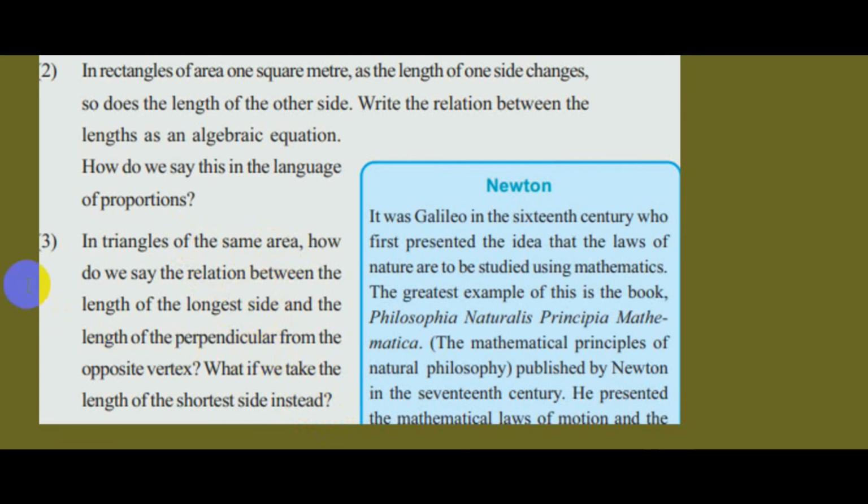Okay, here I have drawn two triangles. Just suppose these two triangles have equal area. Now let us consider this one is the longest side of this triangle, and let this be the longest side of this one. If we take the perpendicular distance from this vertex down to this side, we will get it like that.